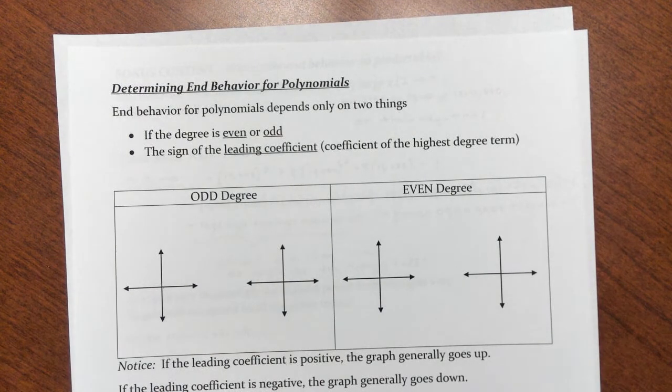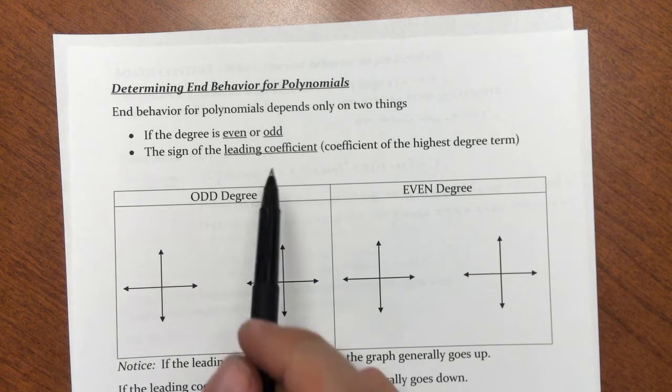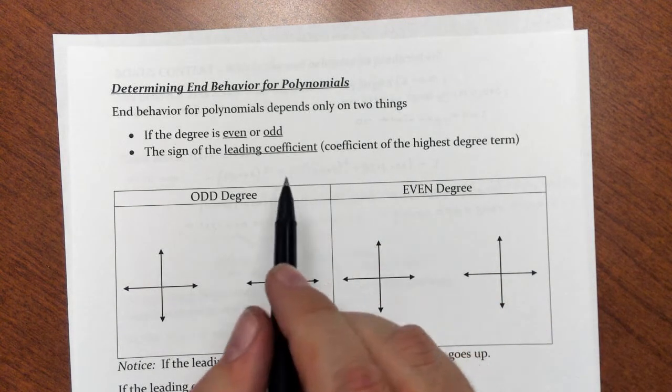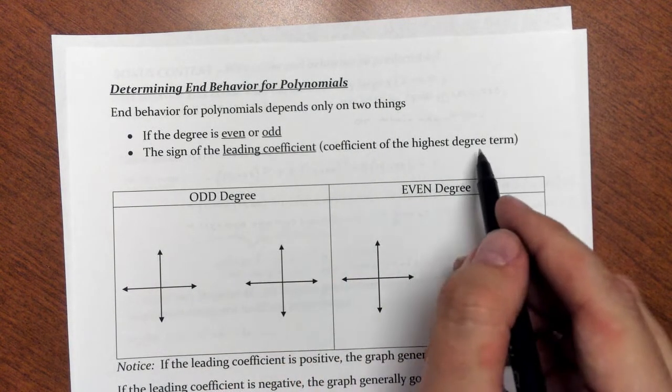It'll depend only on 2 things. If the degree is even, such as a quadratic, quartic, 6th degree, and so on, or if it is odd, linear, cubic, 5th degree, so forth. In addition, we also need to consider the sign of the leading coefficient. The leading coefficient is the coefficient of the highest degree term.